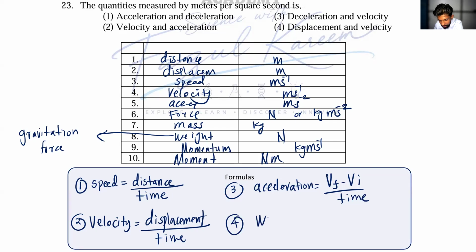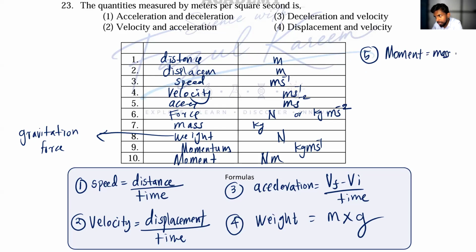Fourth one, the weight. Already we have written the equation and we have done some questions, right? Mass into gravitational acceleration. And fifth one, for the moment, equal to mass into velocity. Sixth one, momentum: force into perpendicular distance.